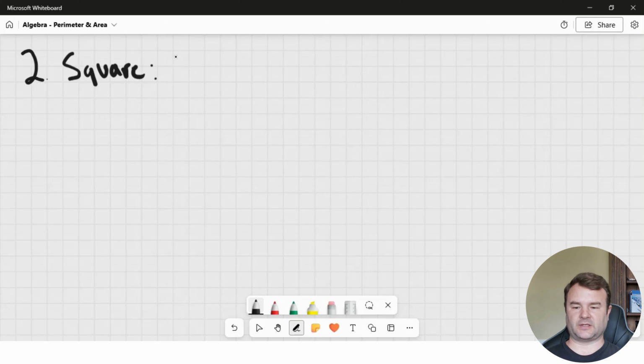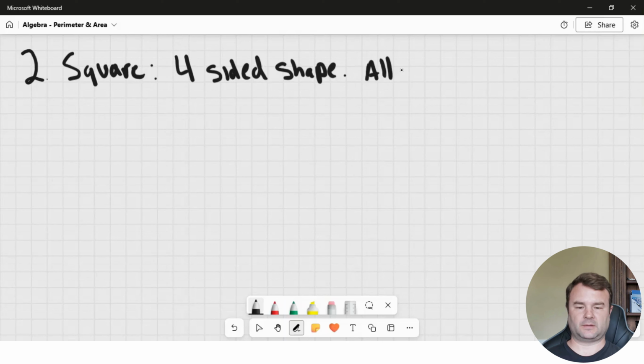So a square is a 4-sided figure or shape, such that all sides of this figure or shape are equal. So all sides are the same measure. All sides are equal distance.